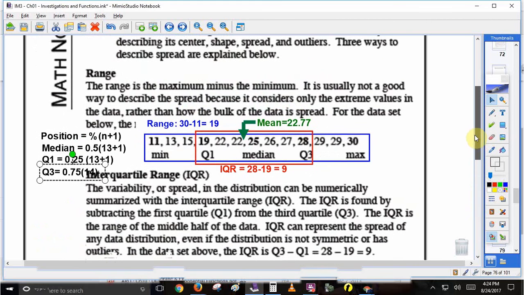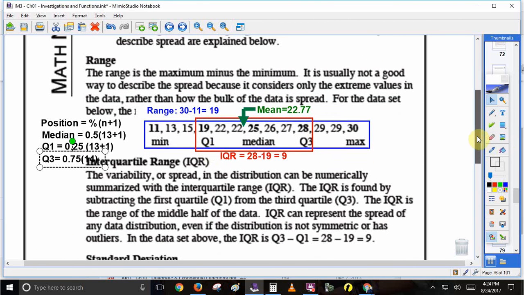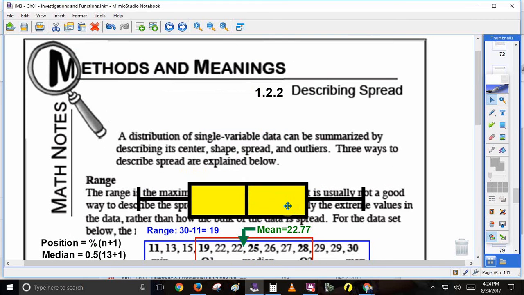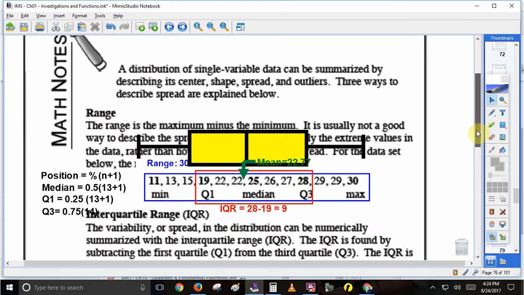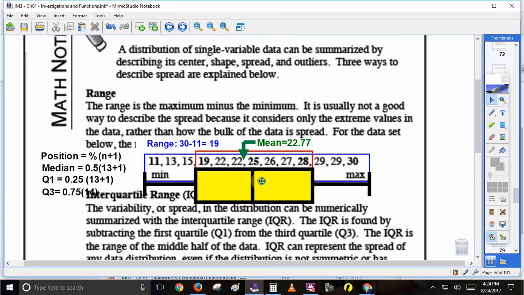Actually, before I move on, let's talk about a common way to represent these data. And that is a box and whisker plot. Up here at the top of this, I've got this little box and whisker plot set up. And if you line up the box and whisker plot with the data, you can get a sense of how these things work.